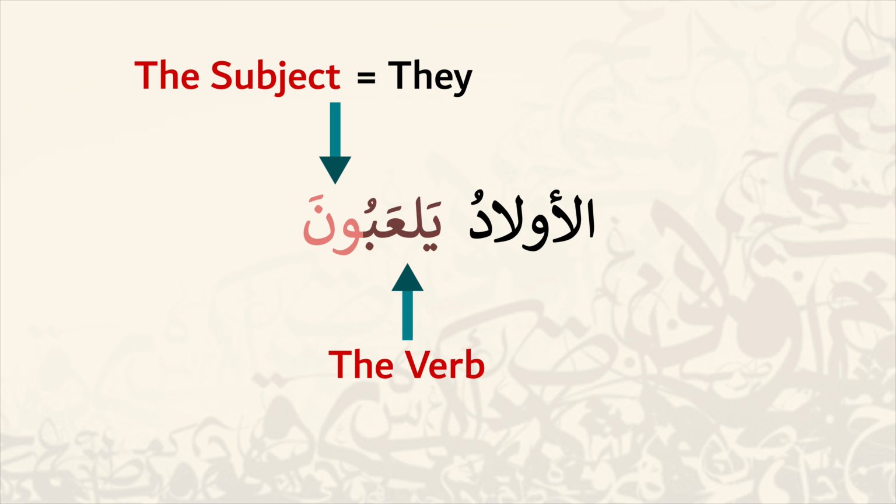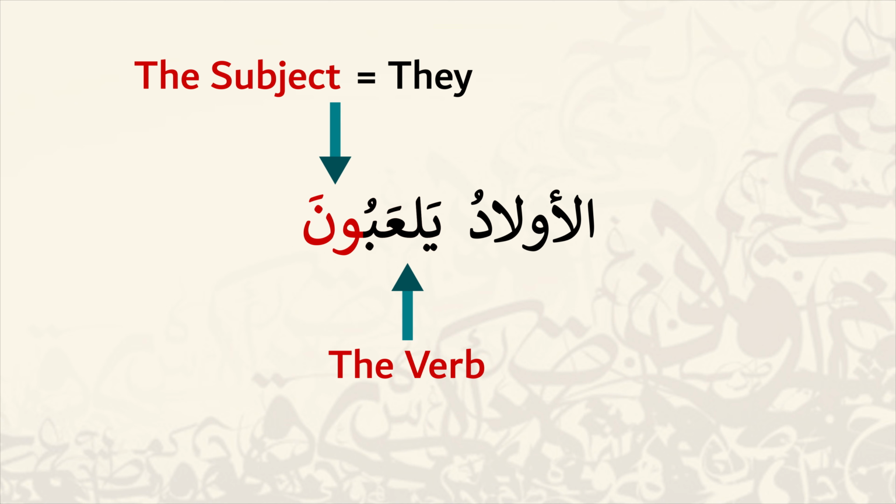So this single word is a complete verbal sentence as it contains the two necessary components, the verb and the subject, which is the connected pronoun واو نون. Take note of something very important. By adding the connected pronoun واو نون to the verb, we killed two birds with one stone.